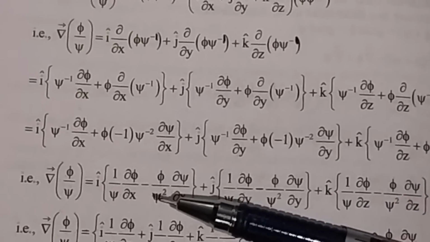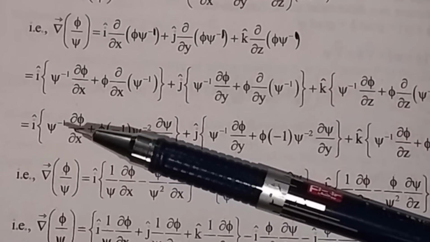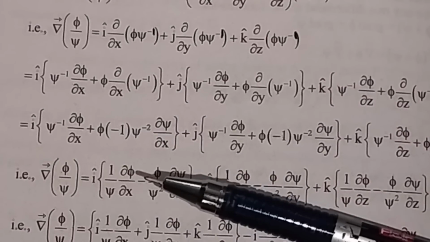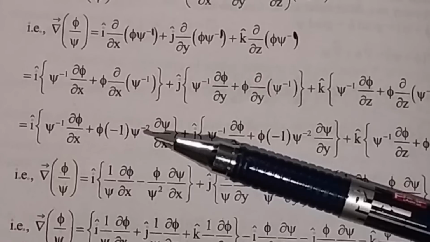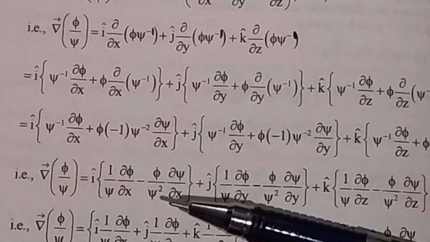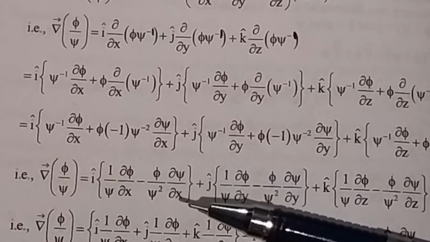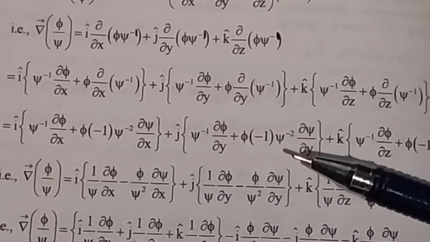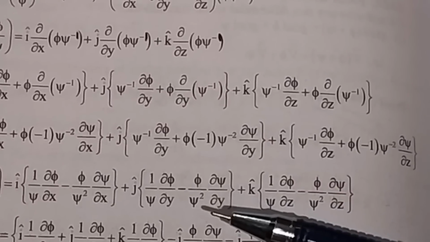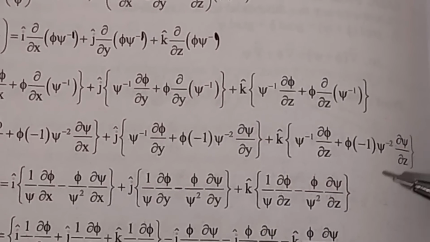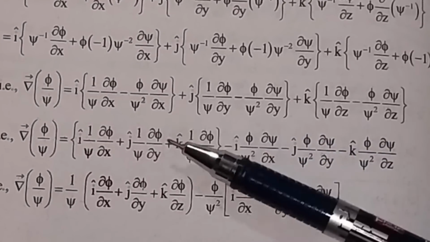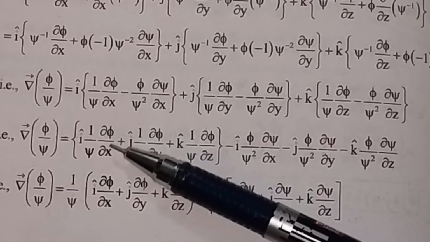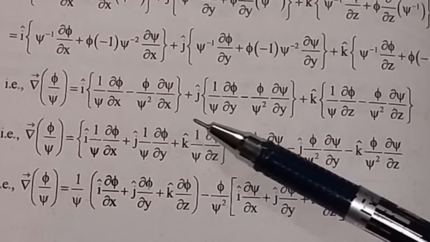Now you rearrange the terms. This will be equal to psi inverse, that is 1 by psi, partial derivative of phi with respect to x, minus phi psi to the power minus 2, that is, divided by psi square, partial derivative of psi with respect to x. You also write the y term like this, and the z term like this. Then in the next step, you write 1 by psi del phi by del x plus j cap, this term.